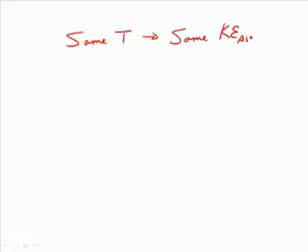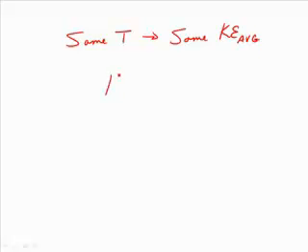All right, here, since we're talking about velocity, you want to think about kinetic energy and what affects kinetic energy. Well, in this case, they are at the same temperature, which means they have the same average kinetic energy.